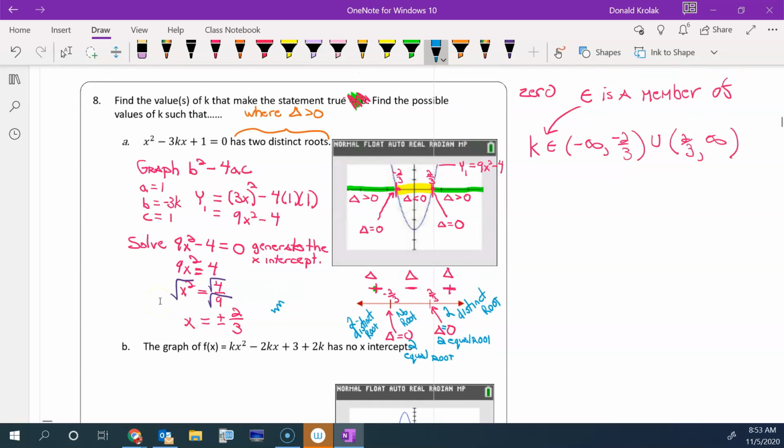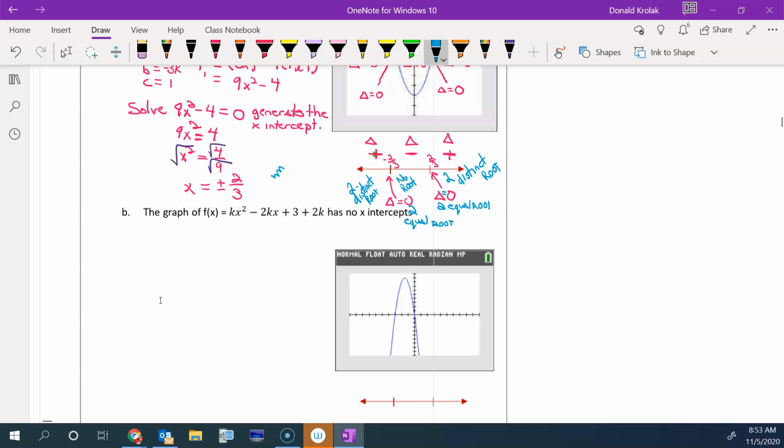Okay, can I move that? All right. So this one's asking, where does it have no x-intercepts? So we're going to graph the discriminant.